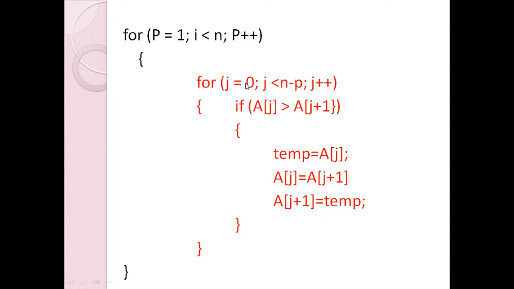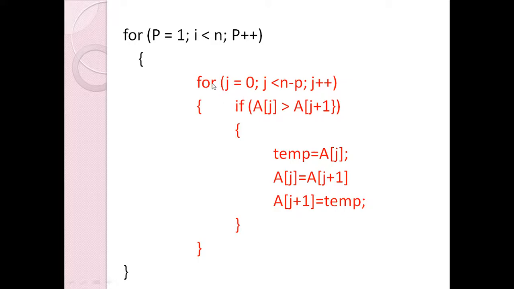So if it is pass 1, j starts at 0 and it will go up to j equals n minus 2 because the last element is n minus 1. So n minus 2 and n minus 1 will be compared. And then as p will increase, one comparison will go down.